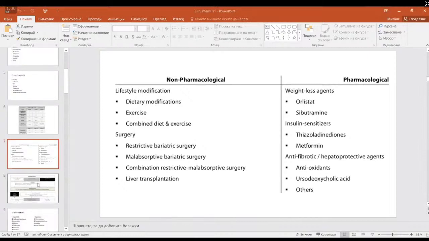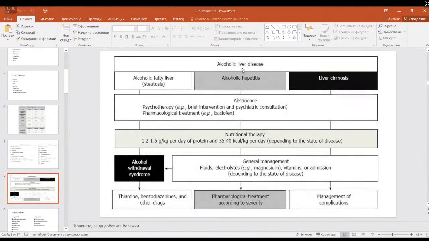The next slide is about alcoholic liver disease that we mentioned. First, it is usually as steatosis, then it develops into hepatitis, and then into cirrhosis. If you have a patient with alcoholic liver disease, of course, the first thing that the patient needs to do is abstinence from alcohol, which is again not very easy to achieve.